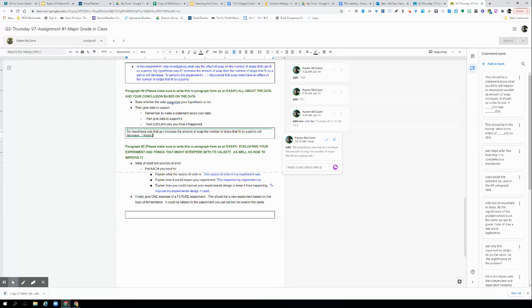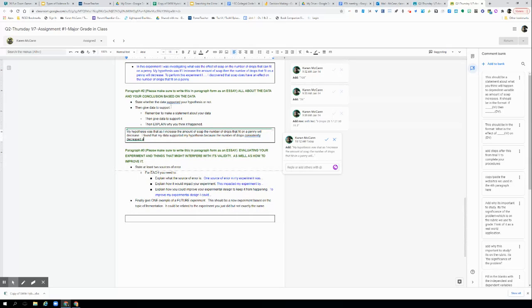I found that my data supported my hypothesis because the number of drops consistently decreased as the soap increased.